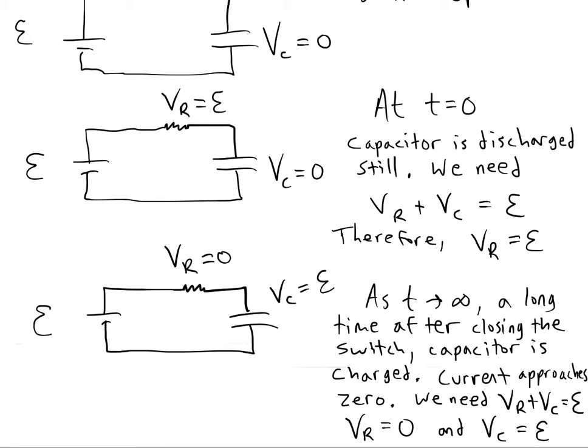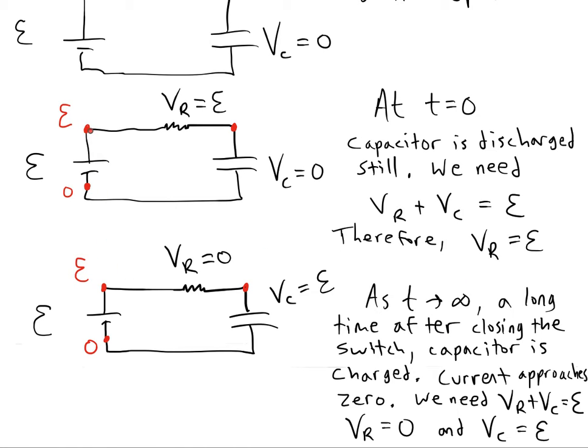If we were to label the potential at different points around the circuit and assume that the negative terminal of the battery is 0, then what would be the potential at these important points? Well, the battery always supplies a constant EMF as long as it has energy to do so.